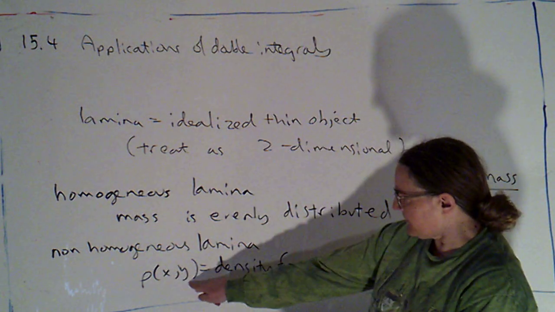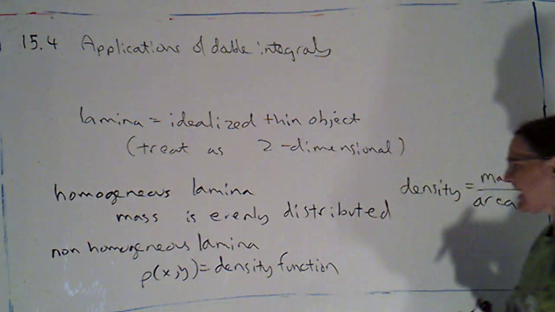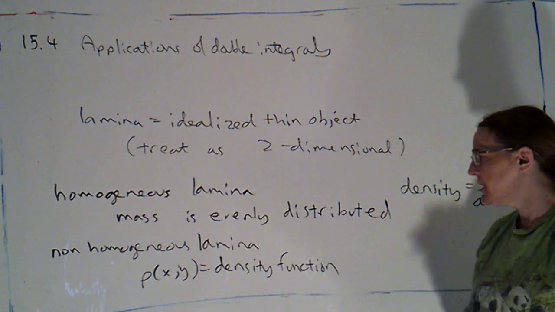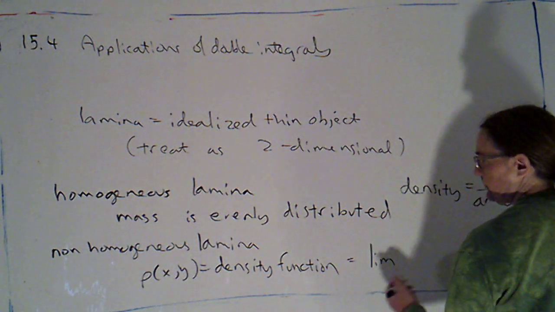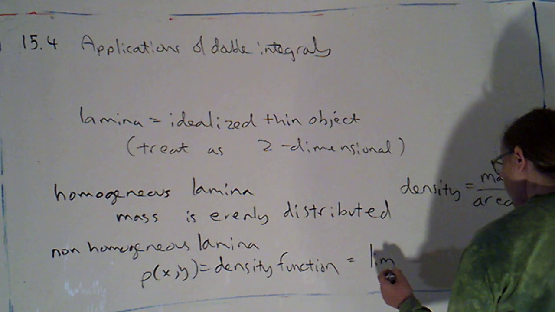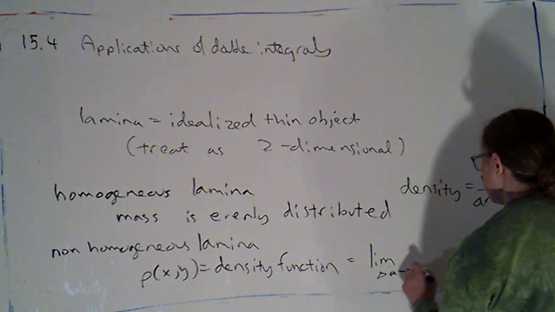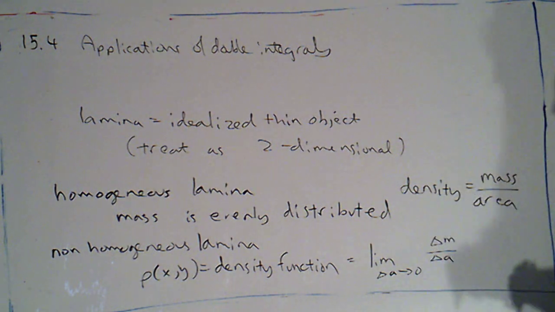Now, of course, that's a bit of a dilemma because an individual point won't have any mass or any area because points are infinitesimally small. But that's okay. We simply define this as a limit as, I'll just write, delta A goes to 0 of delta M over delta A.